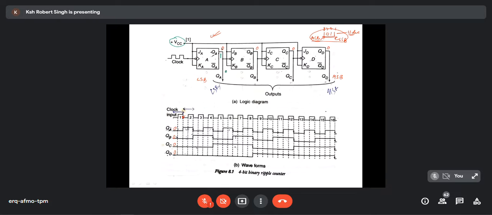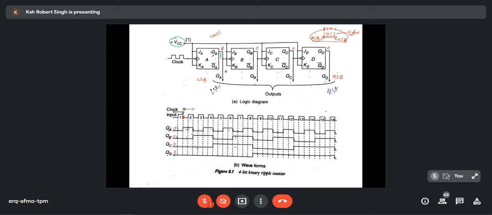You know the JK flip-flop. This one has a bubble, so it is triggered. This output 1 is triggering. Okay, negative edge. So it is 1, then one bubble is there.